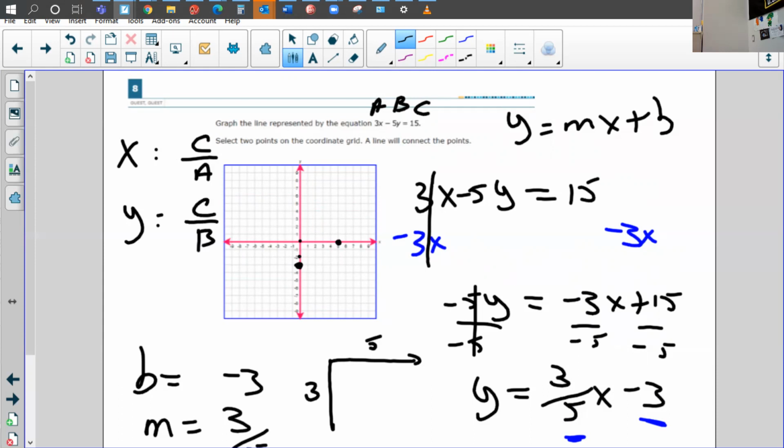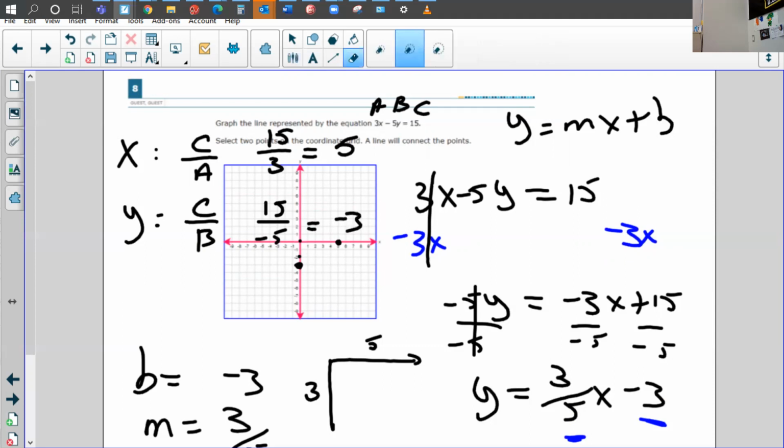So C over A is just going to be 15 divided by 3, which is 5. That's my x-intercept. The y-intercept now is C over B, which is 15 over -5, which is -3. So now let me erase this and get some space.